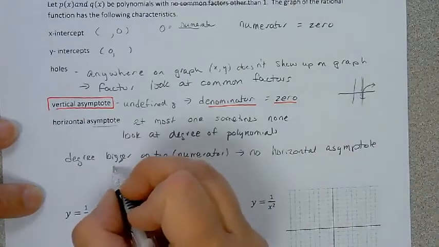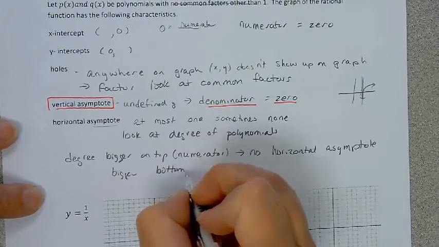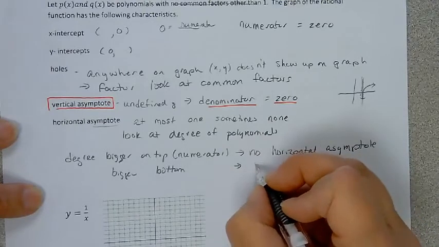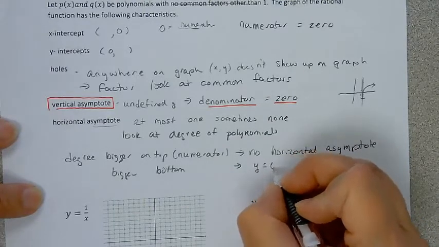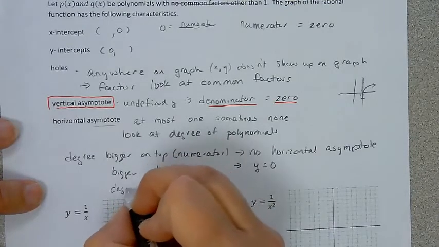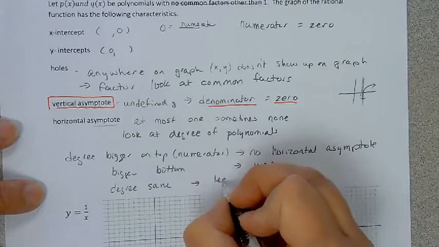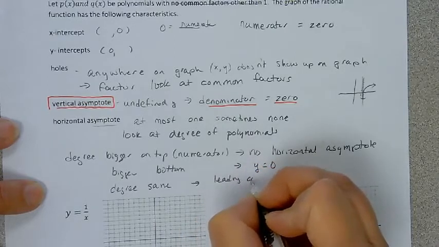If the degree is bigger on the bottom, you have a horizontal asymptote at y equals 0. And if the degree is the same, you do the leading coefficient divided by leading coefficient.